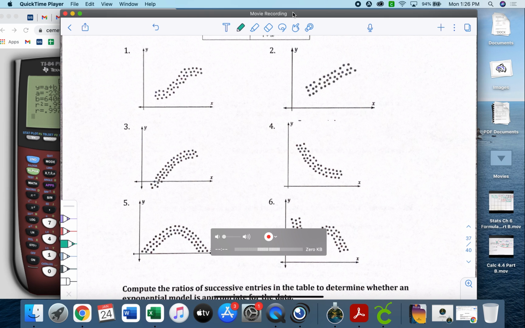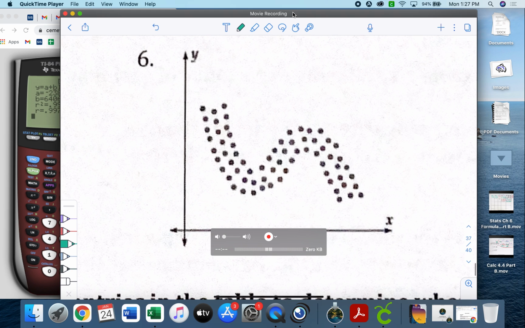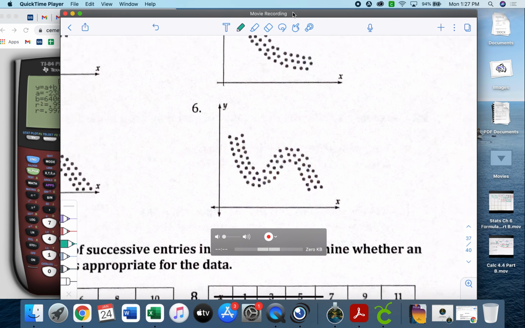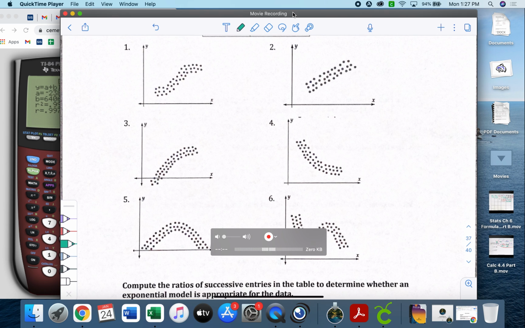There might be more than one answer. So I am pretty lenient on 1 through 6. Just make sure you put the ones that are obvious. Like number 6, what should that one be? Cubic, right? Because it starts up and goes down, it's a wiggle. So just make sure you're putting the obvious ones down. There might be more than one answer. Okay, good?